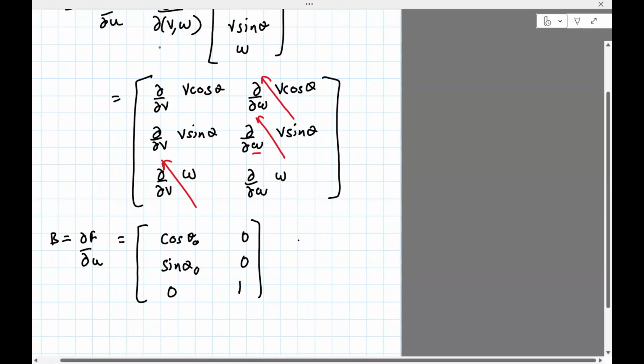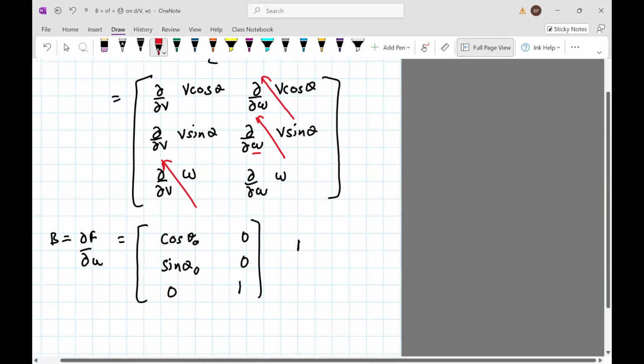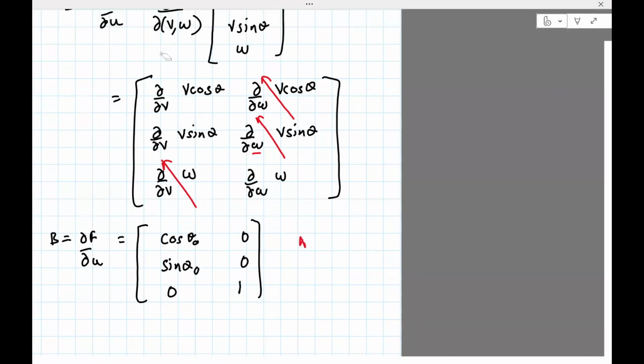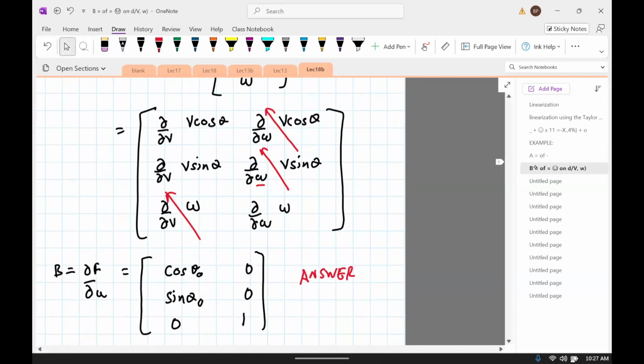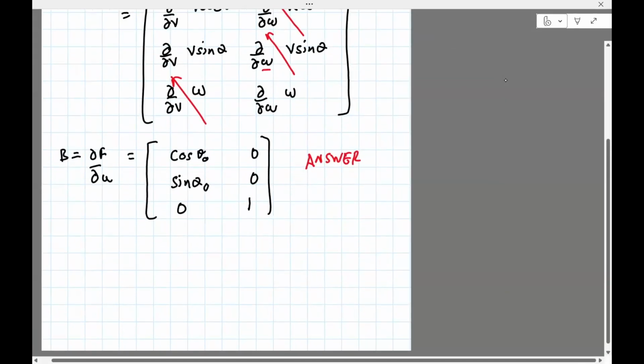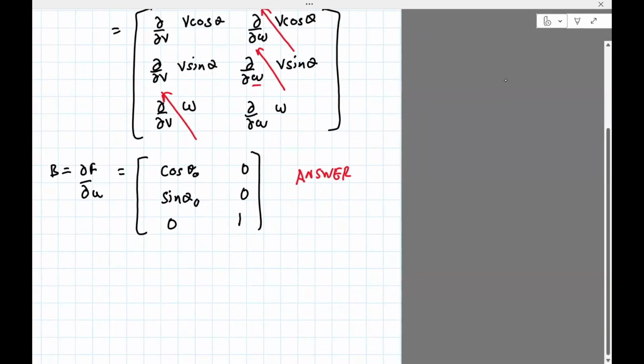Okay, so this is the answer, and then the other answer was here. So we got A and B, and that basically defines our system.